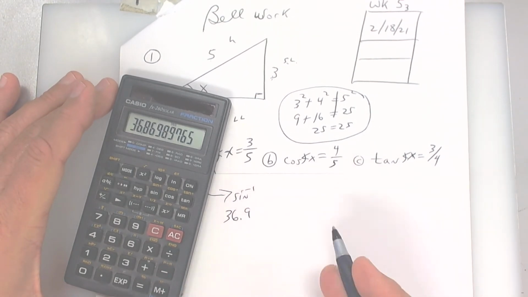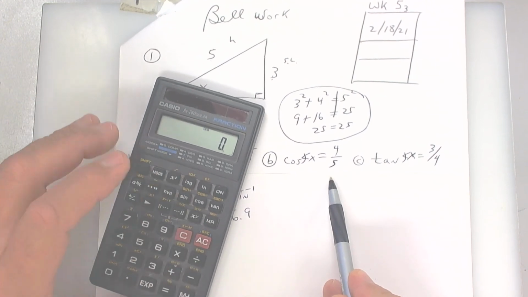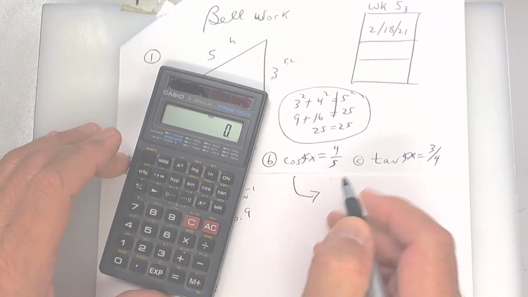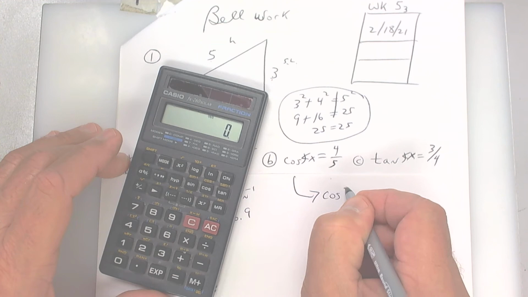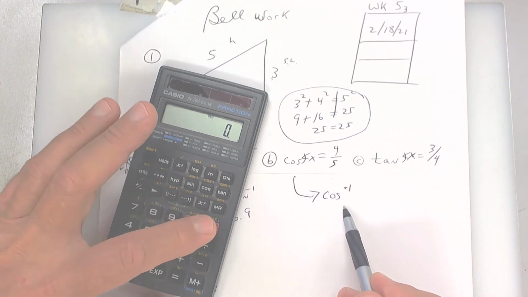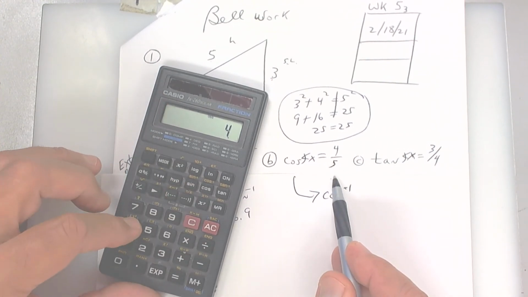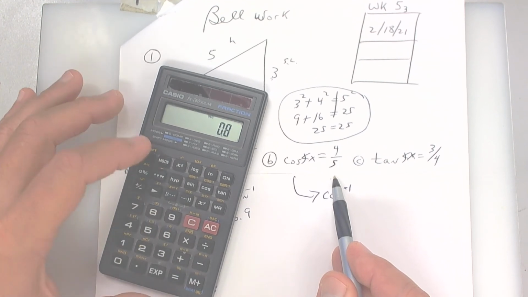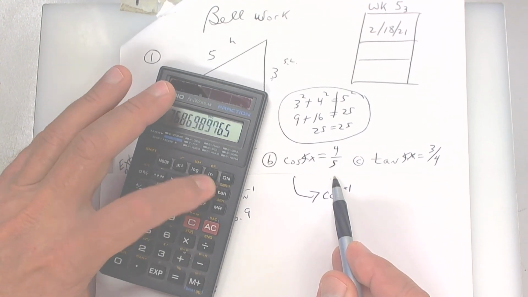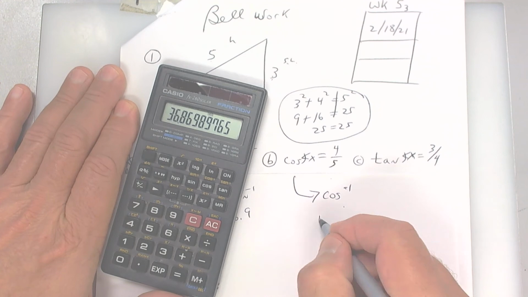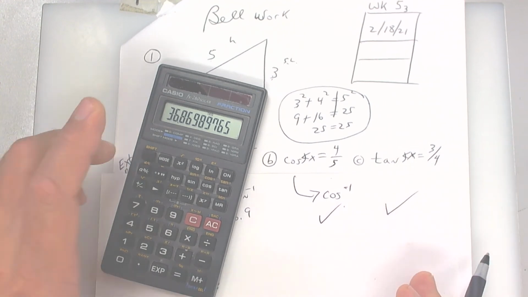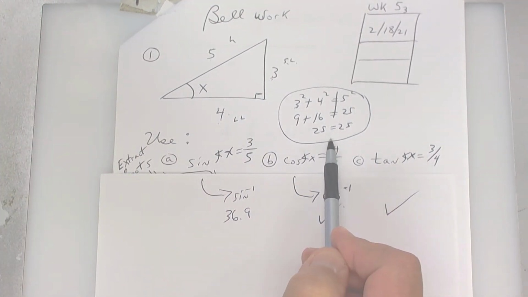Now all of these should be 36.9. So let's try the next one. This one you're going to divide by the word cosine, it becomes the arc cosine. So we want to do clear, 4 divided by 5, press equals and hit shift, and then press cosine, and you get the same thing. So all of these should work because it is a right triangle.